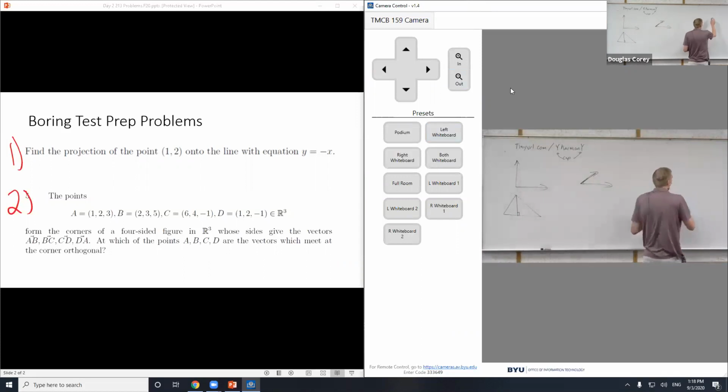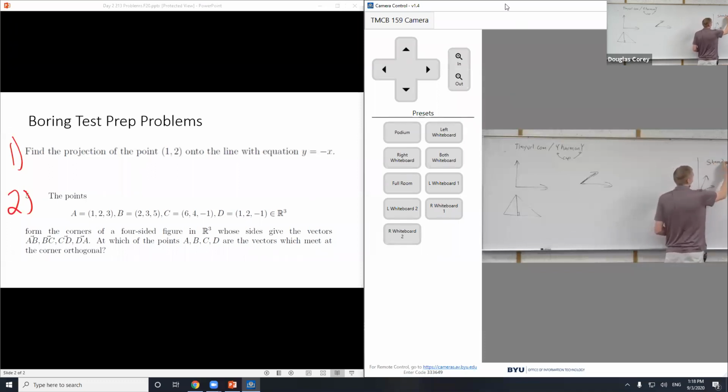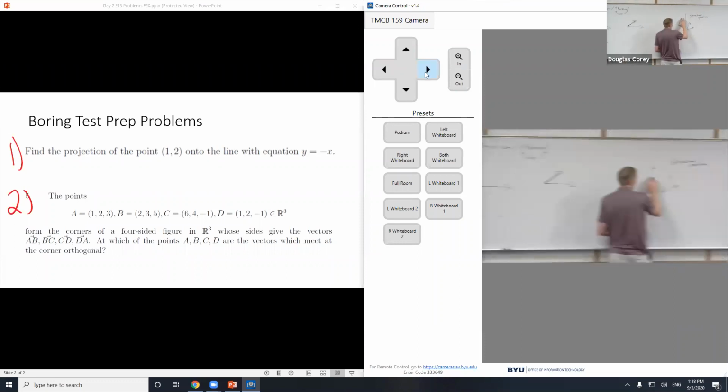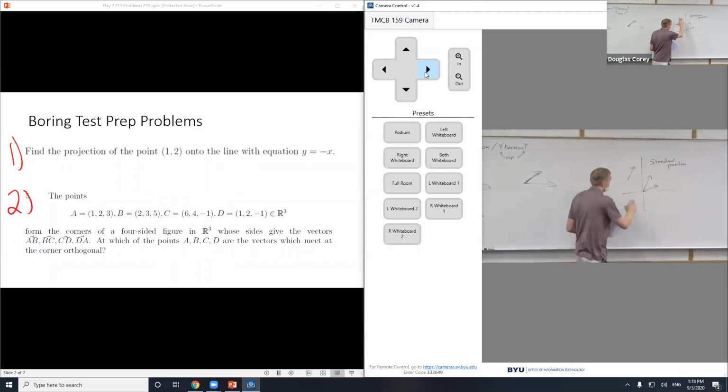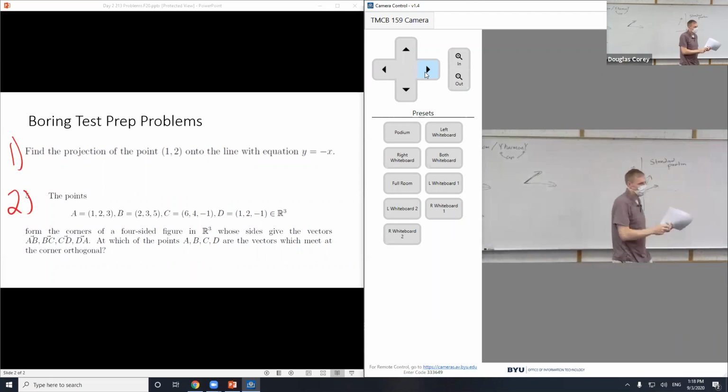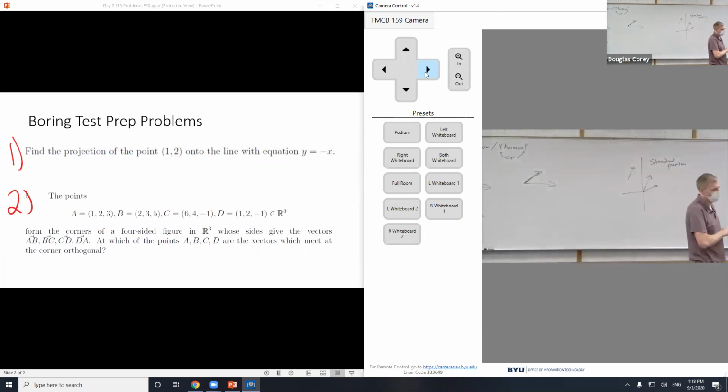When we start talking about vectors, we usually move them to the origin. This is called standard position. But if I have this vector and move it over to here, as long as it goes over the same and up the same, and has the same length, these would be the same vectors.